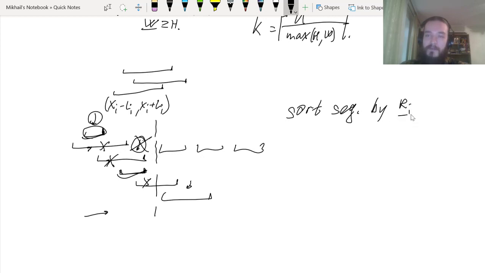So RE is right endpoint. Consider all segments from left to right by increasing right endpoint, and then we just take segments greedily.